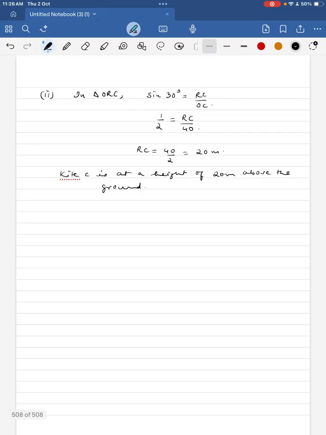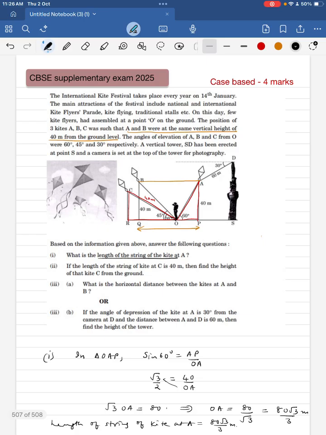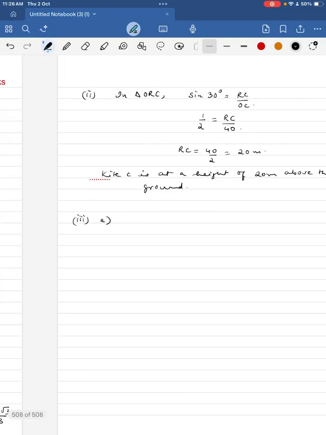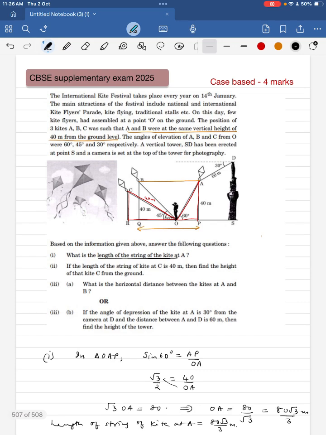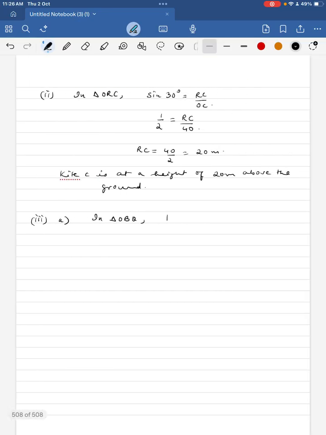So in this part, the third question A part, we'll use the two triangles, triangle OBQ first. So in triangle OBQ, we know that, not sine, actually I think we could use tan of 45 degrees.